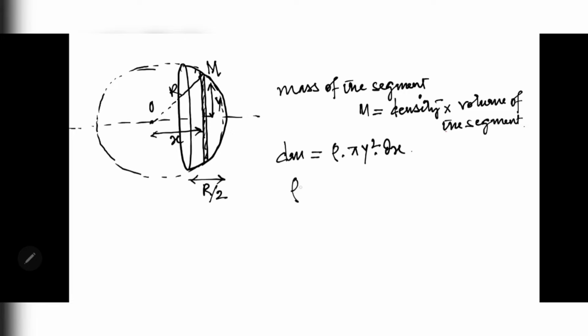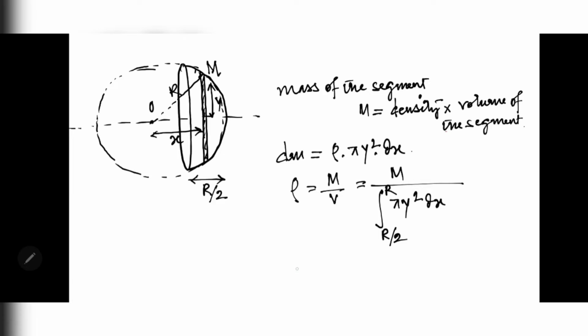So rho equals m by v, that means m by integration of pi y square dx, limit is r/2 to r.